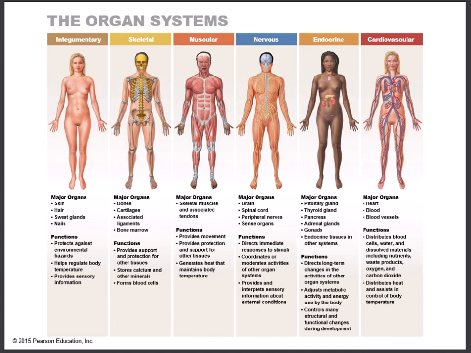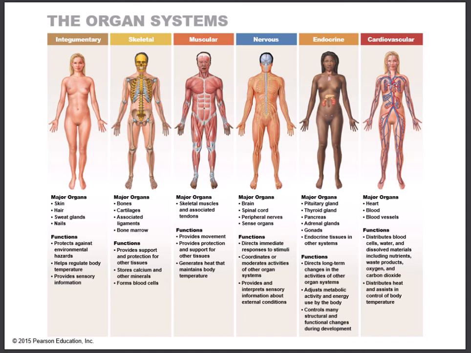One of the biggest functions of the integumentary system is really to protect us. The hair and the skin keep all microbes and chemicals outside of our body. The integumentary system also helps to regulate our body temperature, and each part of our skin has nerve endings that sense what's happening around us. All right, so that would be the integument.